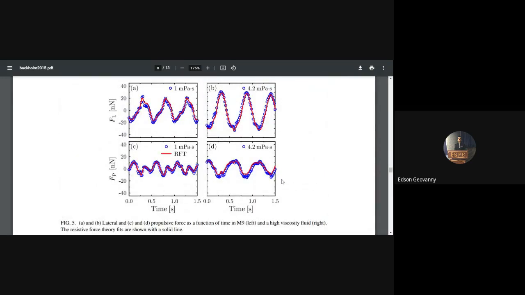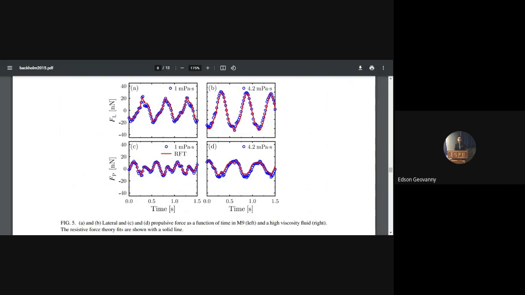In this part, force versus time data is observed both for lateral and propulsion force. In panels C and D, a low viscosity fluid is shown on the left panels and high on the right panels.